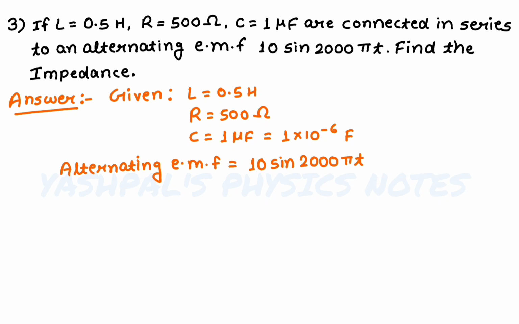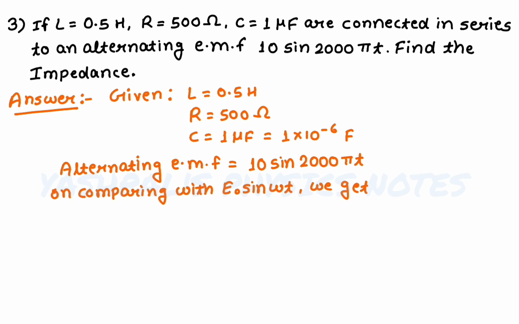So on comparing with E naught sine omega t, this is the standard value of EMF. E naught is the amplitude, omega is the angular frequency, t is the time.